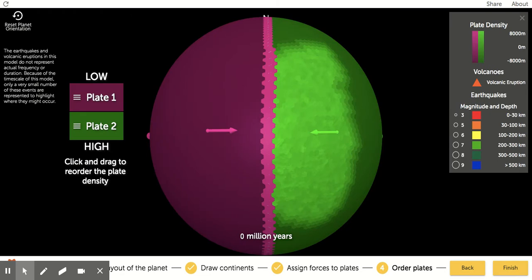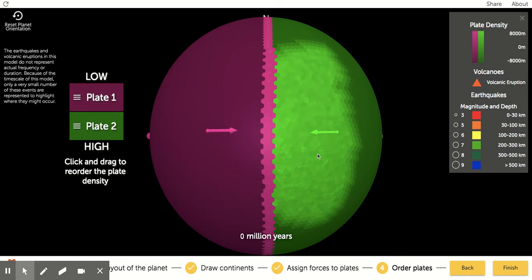So what do we know? Here it's got it labeled that the purple plate is low density and that the continental plate over here is high density. And is that true? No. We have to switch them, because this is something you probably learned in class: continental crust has a density of 2.7 grams per centimeter cubed, versus ocean crust, which has a density of 3.0.